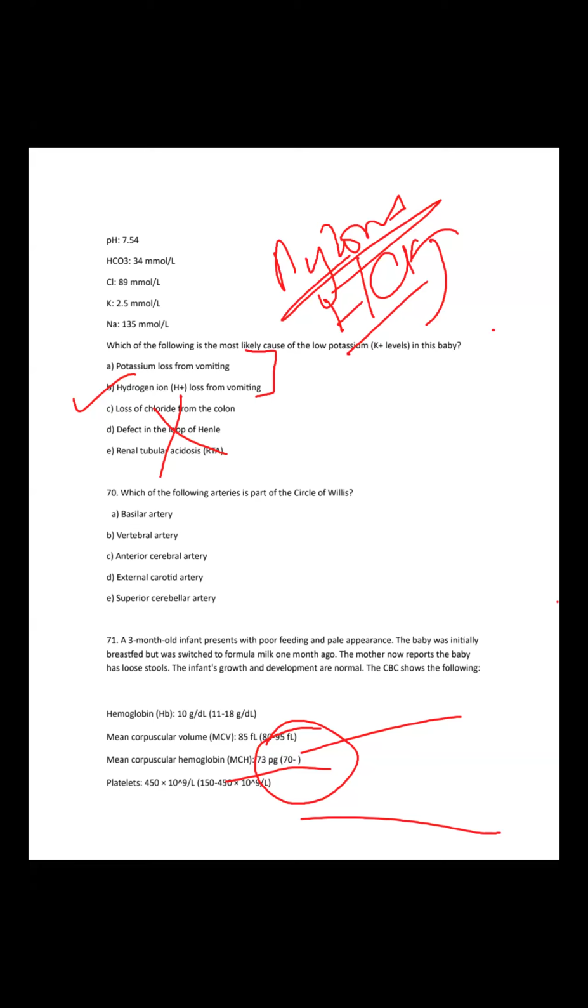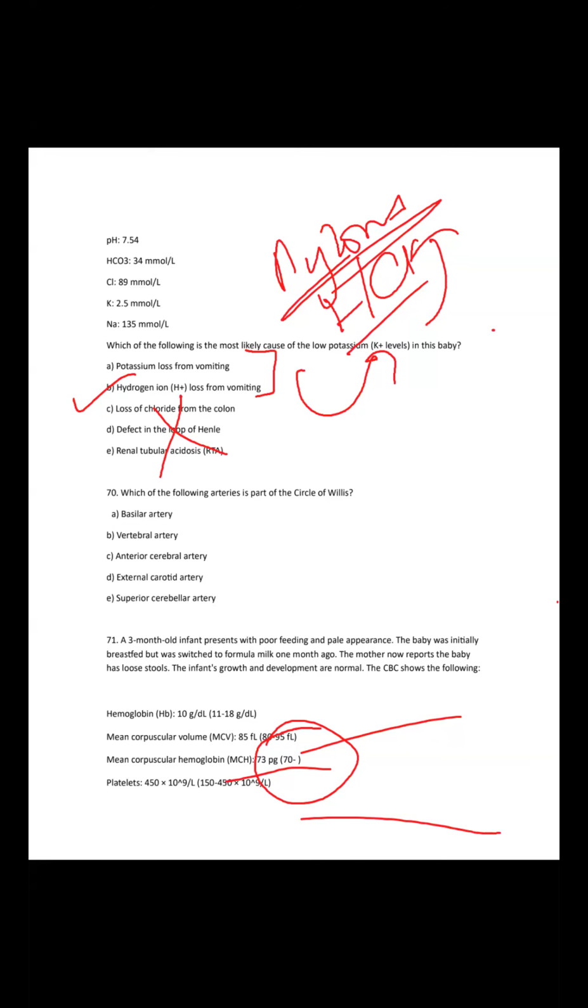The options are potassium loss from the vomiting and hydrogen loss from the vomiting. So what happens if you lose the hydrogen from the vomiting? You have an alkalotic picture, okay? But they are asking what is the cause of the low potassium level in this baby. We know hydrogen we are losing.